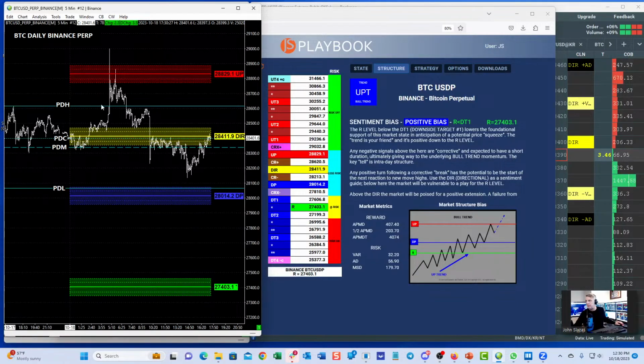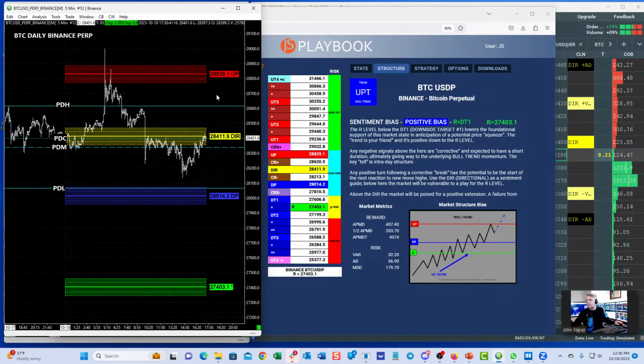Based off the time frame structure, we have our previous day's high in front of what we call our upside pivot. And we know that this is the real extension point for this positive trend, and it provides us with a reversal.